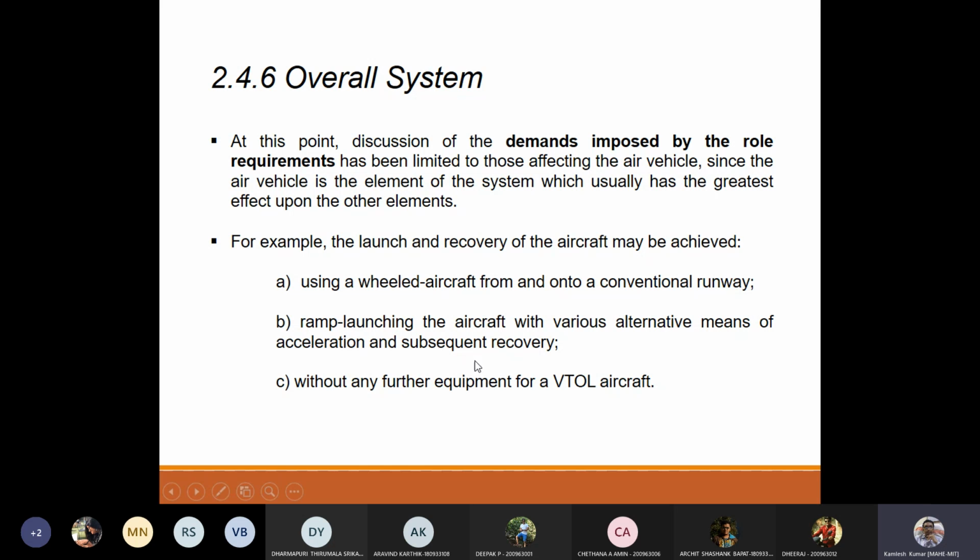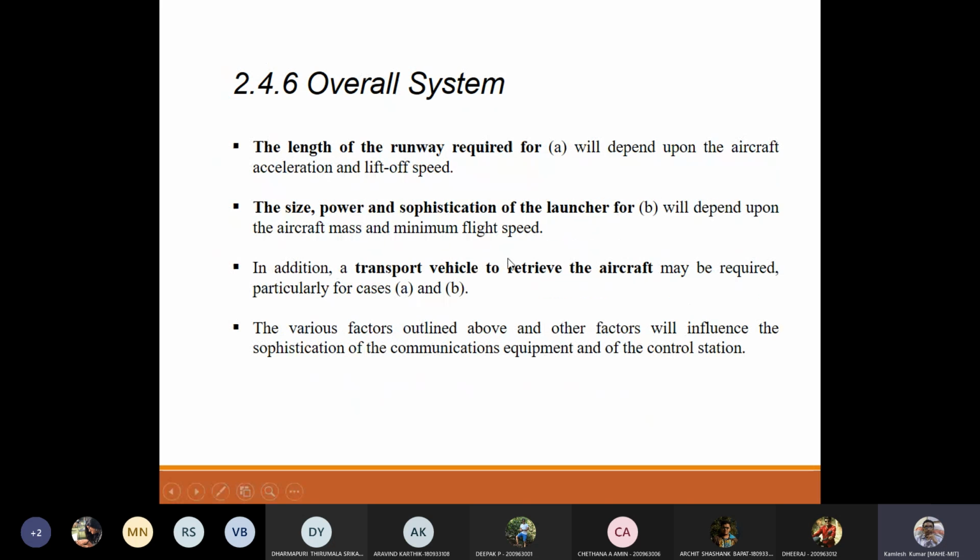Long back, VTOL mostly meant helicopters; today VTOL means both, correct? Is it a helicopter or an aircraft which has that VTOL capacity? So under the overall system, they analyze all. It depends on what type of launching or recovery requirement is there.